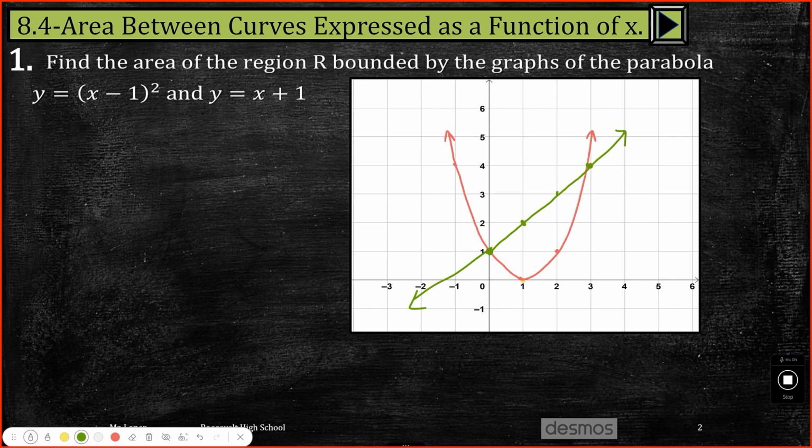And so you want to find what is the area between the line and the curve and the quadratic. So what would be this area here? Before, we would always just do something like this.